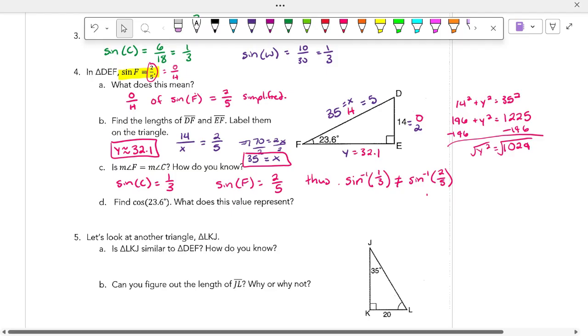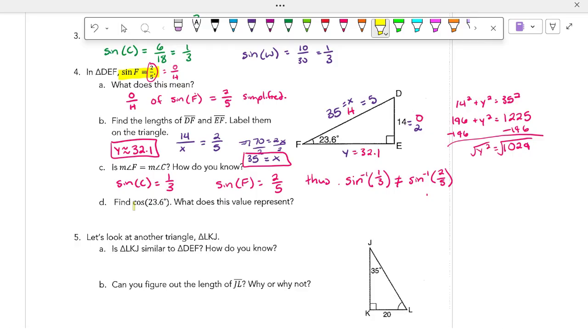Now it says find the cosine of 23.6. All right. So in other words, you're just going to put this in your calculator and tell me what the value is. So let's say round to 2 decimal places. So put in your calculator cosine of 23.6.